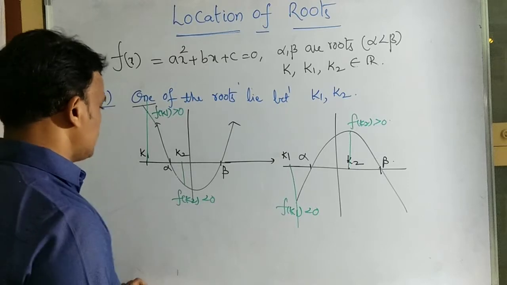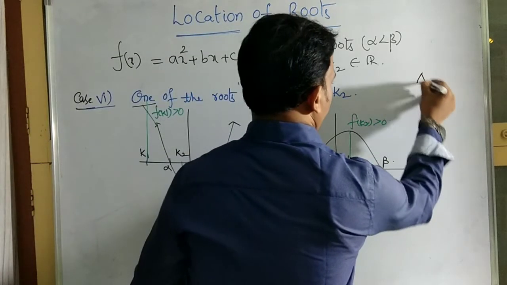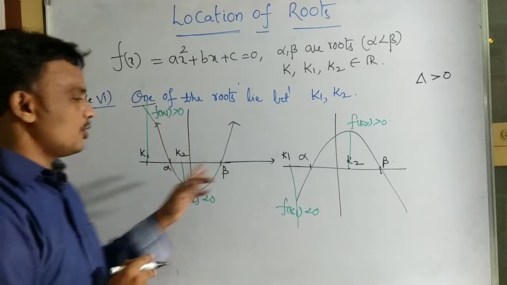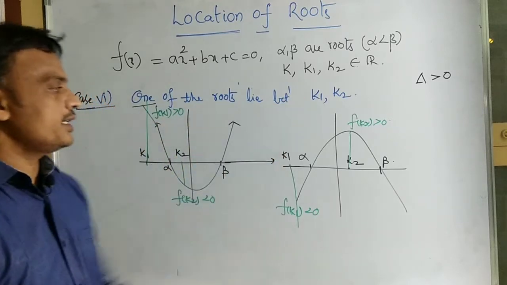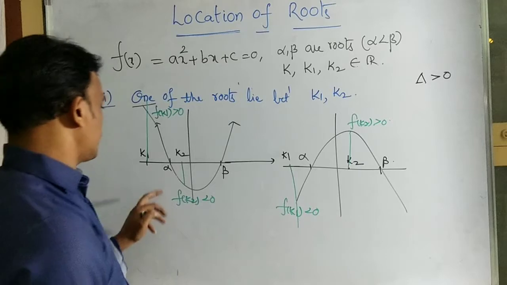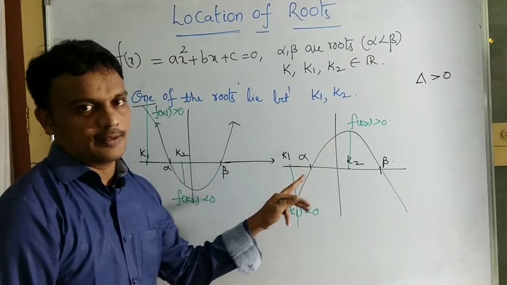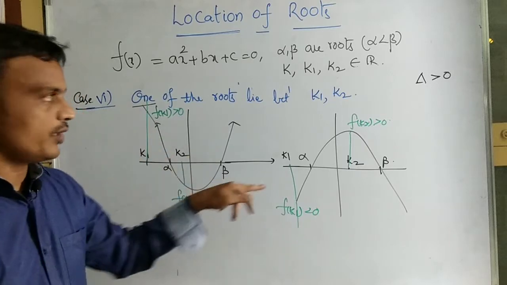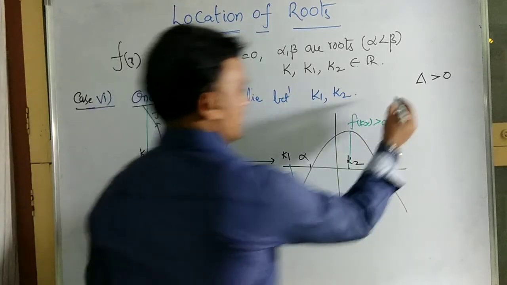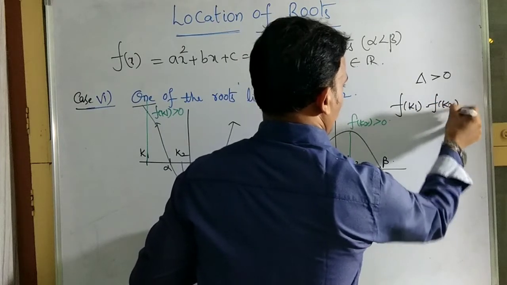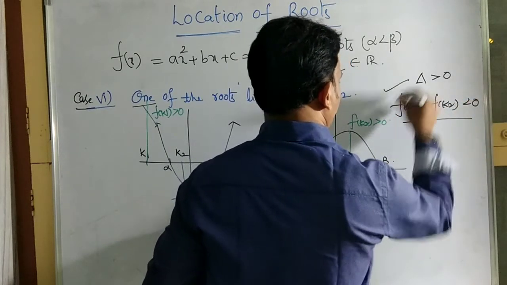First of all, delta should be greater than 0, since there must be two roots. And one more condition: f of k1 and f of k2 have opposite signs, so f of k1 into f of k2 is less than 0, right?